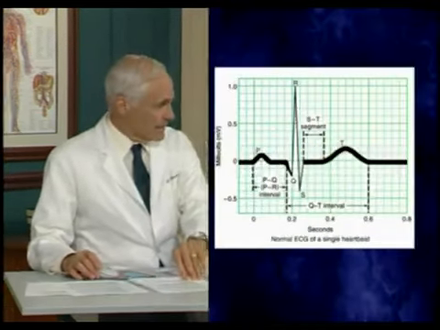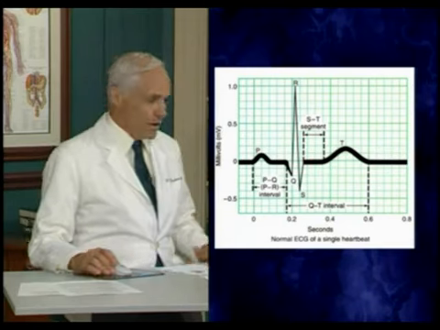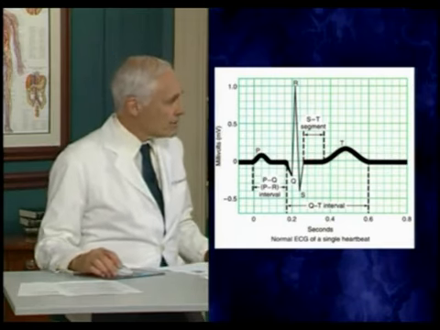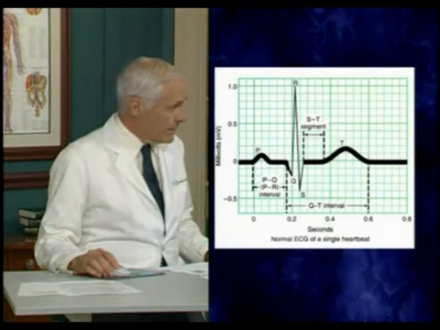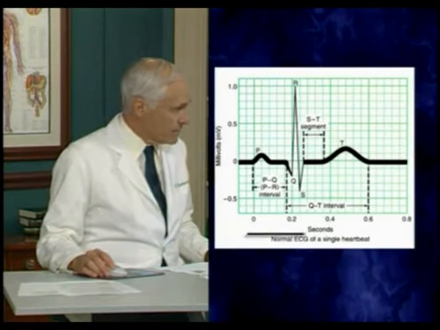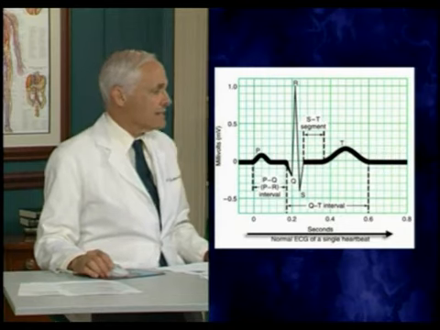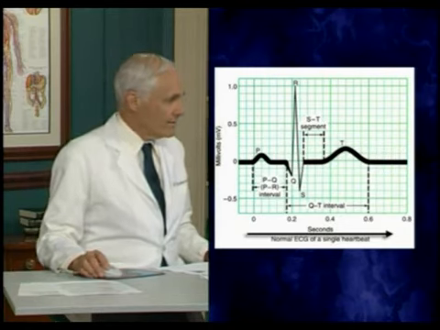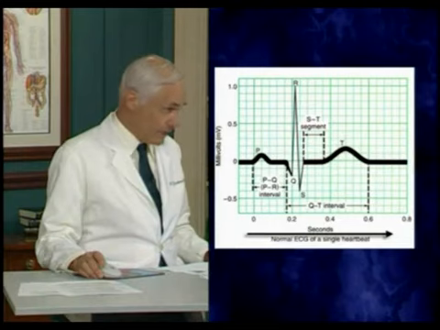Thallium is an isotope, a radioactive isotope that selectively is taken up by the myocardial muscle. Here's what we do. We can see this isotope using a very sophisticated Geiger counter, and it can give us an image in color of where the blood flow is to the heart. We can see bright yellow.